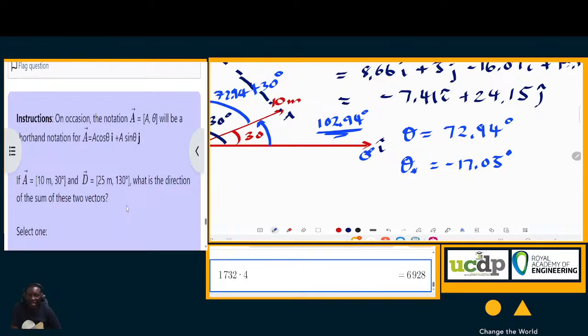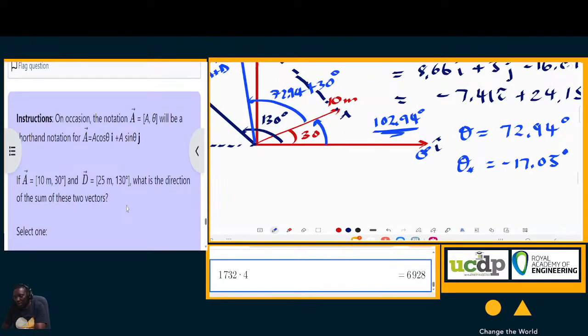Matteo, what did you want to say? And Snenjongo, you'll be after. After the summation of those vectors, which is A and D, we will find the y component and x component, and I guess our x component will be negative 7.41, right?